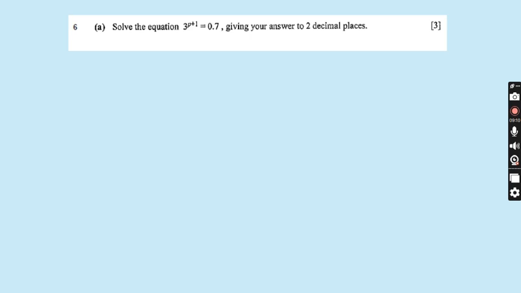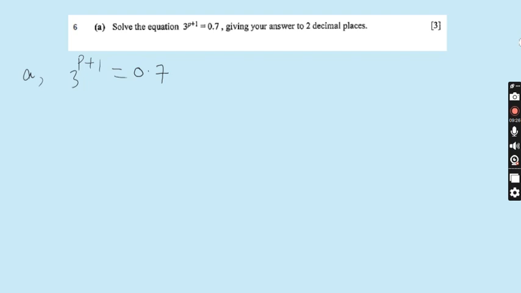Solve the equation, part A: 3 power p plus 1 is equals to 0.7, giving your answer to 2 decimal places.